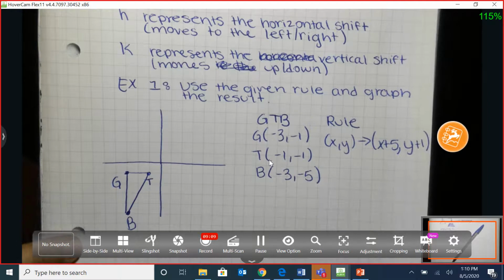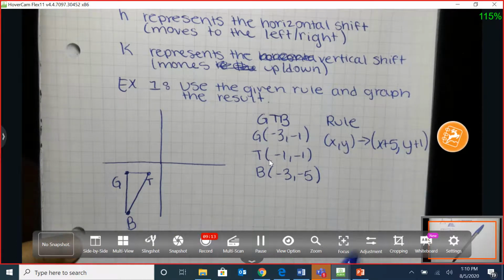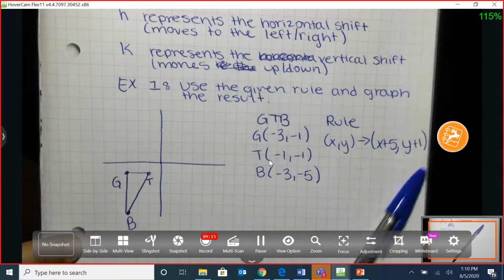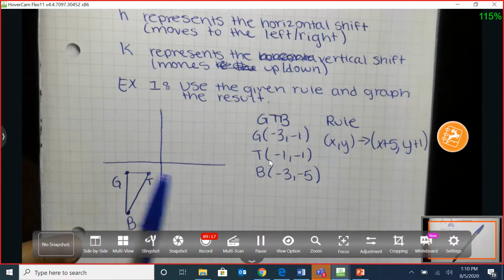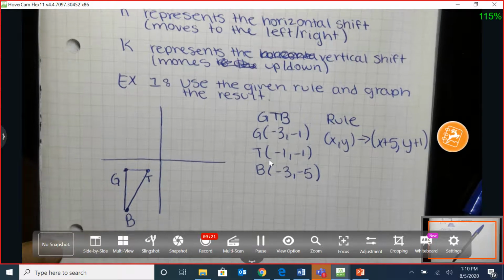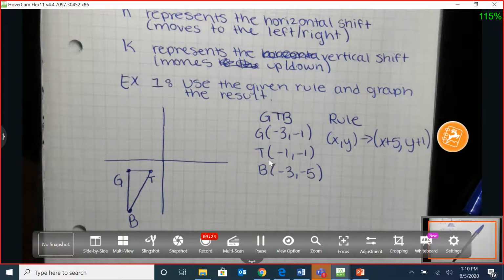I'll give you some time to get caught up with the graph so that then we can interpret how we're going to look at the rule to help us graph our new image. Again, tell me when you're done in the chat so that I know to move forward.